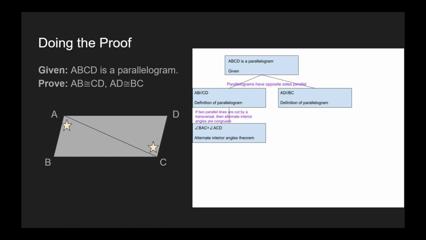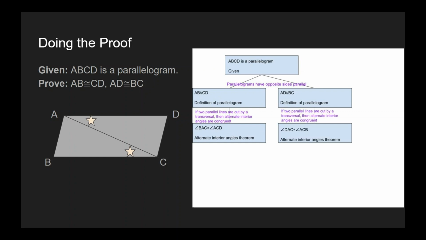Then, looking at that first pair of parallel lines, AB and CD, we can say, if two parallel lines are cut by a transversal, then alternate interior angles are congruent. That's one of the theorems that we proved in class. The alternate interior angles here are BAC and ACD. So we can say that those are congruent by the alternate interior angles theorem.